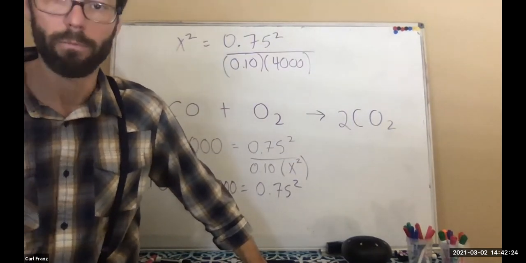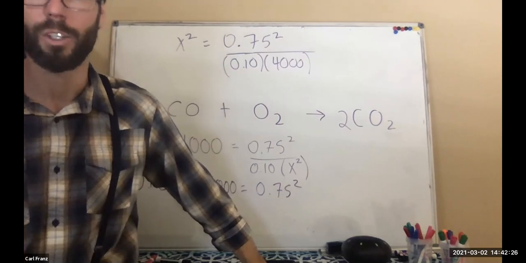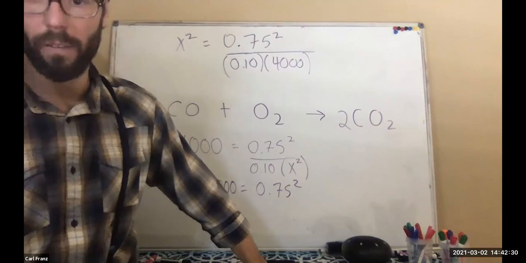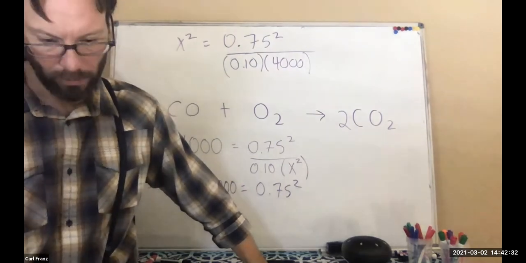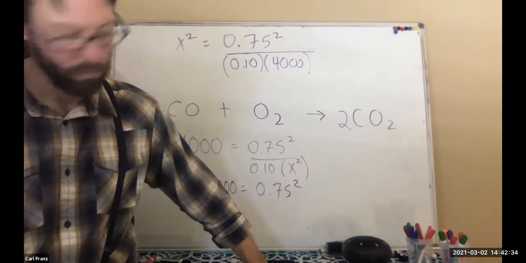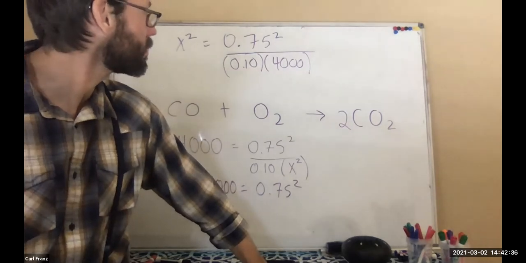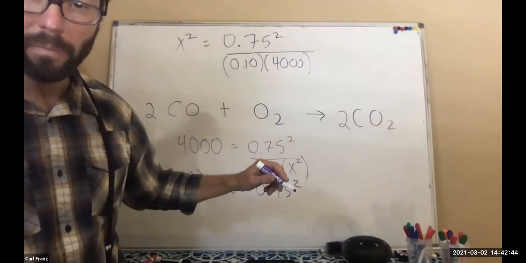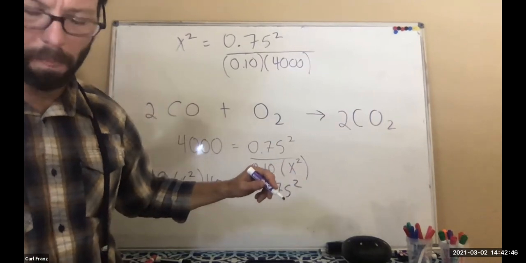Or 400, I guess, if you want to crunch them together. And what do we get for that? X squared equals 0.001406. Okay. And then the square root of that? 0.03.